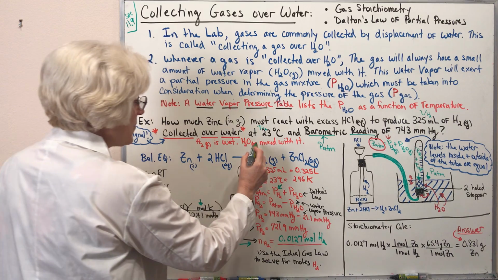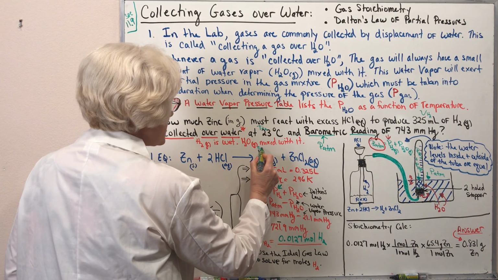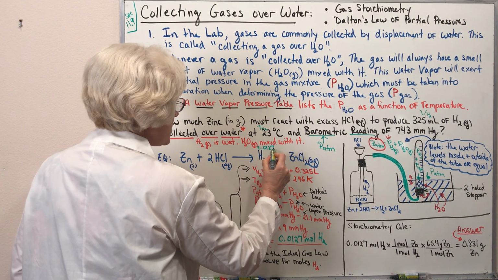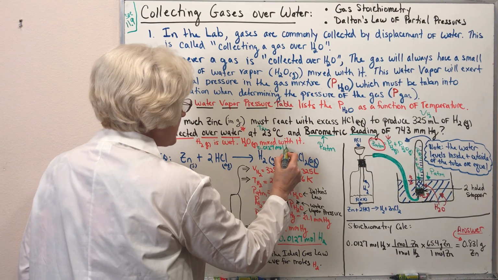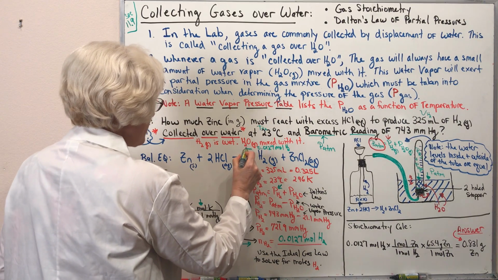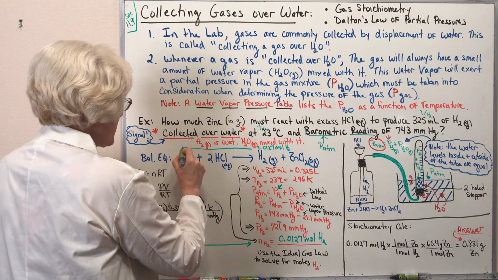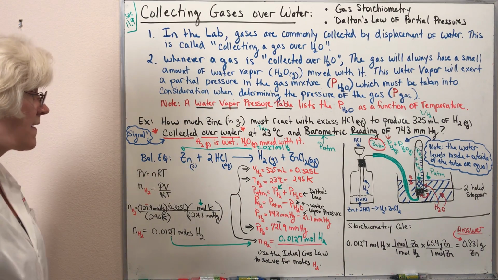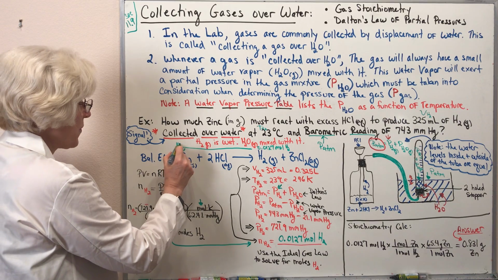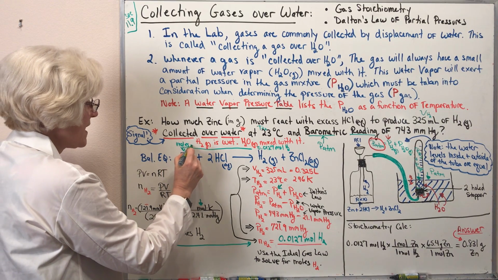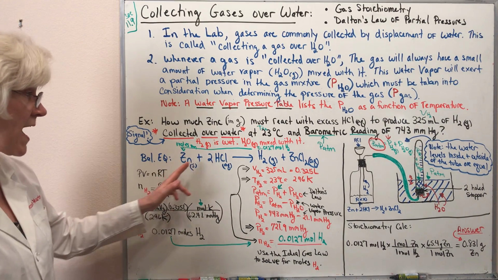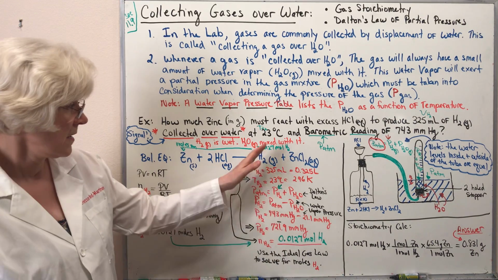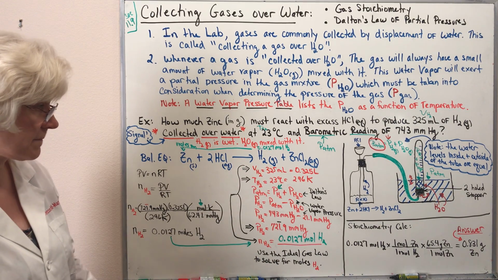I now know my moles of hydrogen, 0.0127 moles of hydrogen, and it's a very simple, straightforward stoichiometry calculation to solve for moles of zinc that had to react to produce this mole amount of hydrogen.